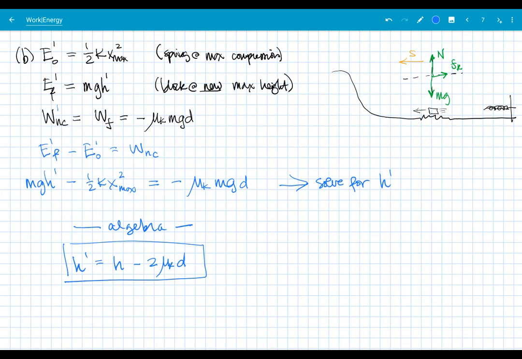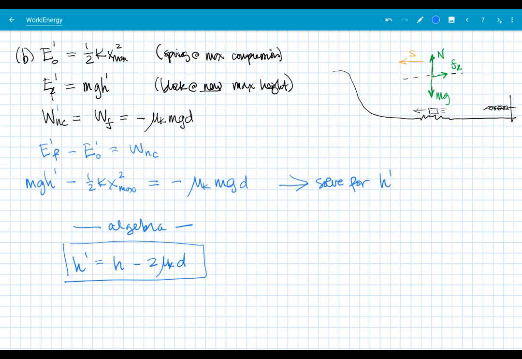I really like it because it's really meaningful as far as the expression goes. You can see that h prime is going to be less than h as long as mu sub k is greater than 0. And I could say as long as d is greater than 0. But you have some choices here.